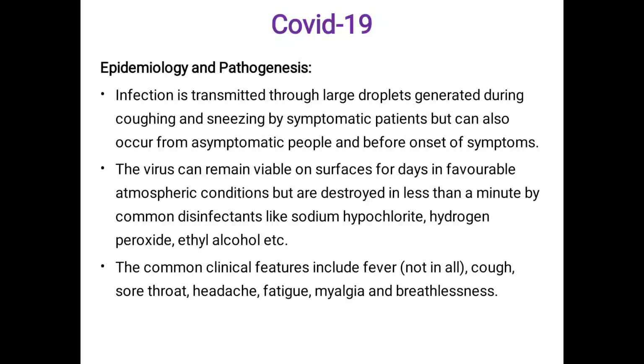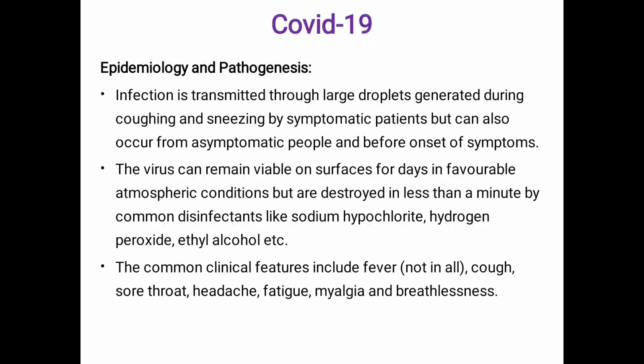Let's see, this COVID-19 viral structure as well as the information regarding COVID-19 is not part of the syllabus. But as we are studying microbiology, we should know about the structure as well as epidemiology, pathogenesis, treatment, diagnosis and prevention of the COVID-19 virus. In case of treatment, the treatment is especially supportive as well as symptomatic.